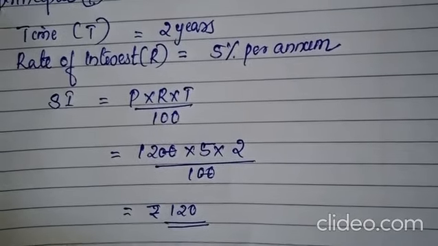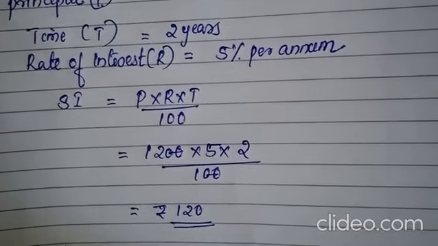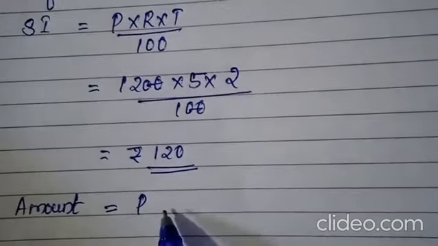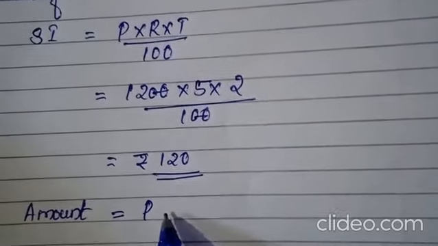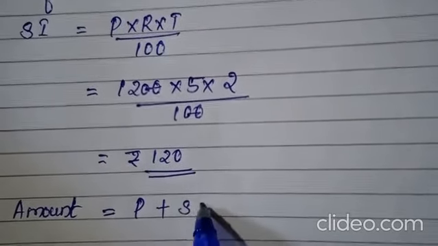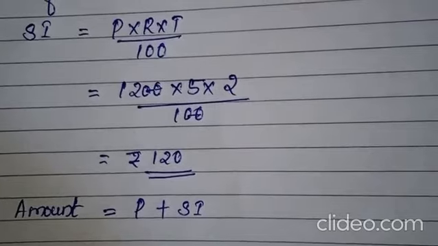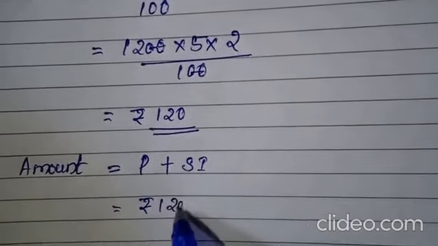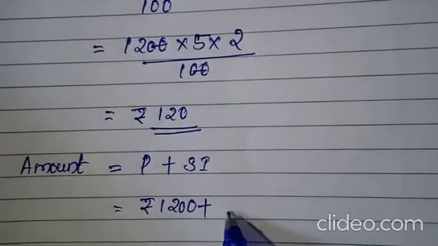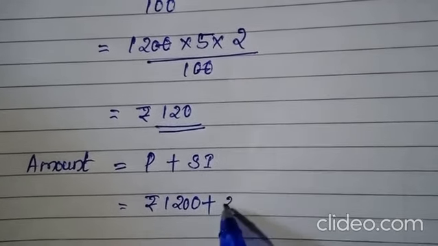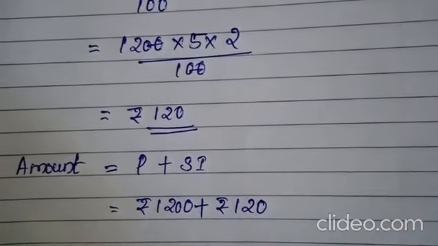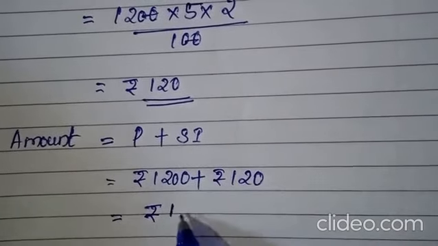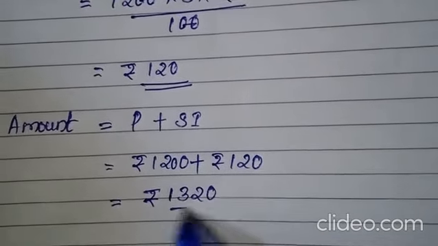Then if you know simple interest, how do you find the amount? Amount is equal to principal plus simple interest. In this case, principal is rupees 1200 plus simple interest, which is rupees 120. If we add these two numbers, you will get the answer 1320 rupees.